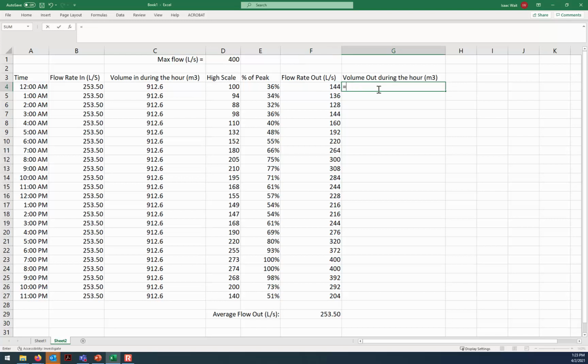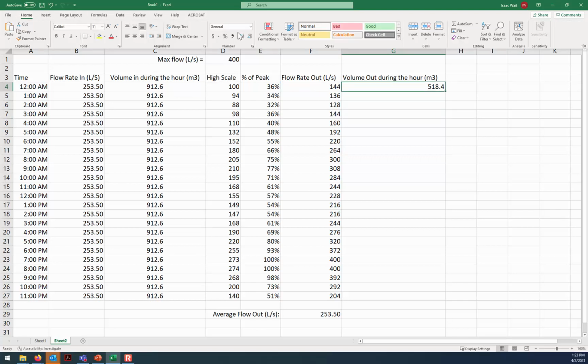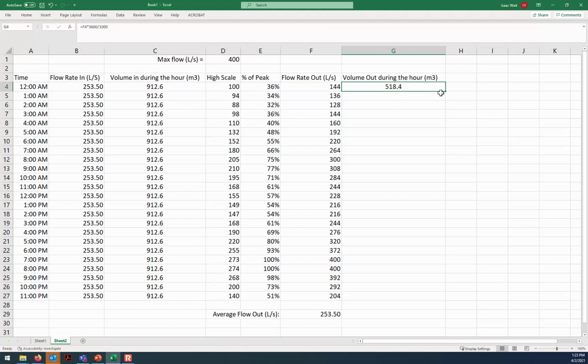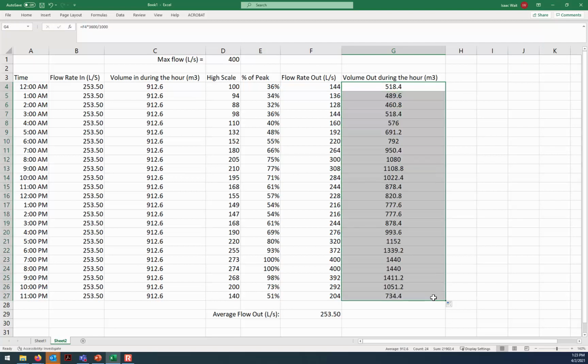So the volume out would be the flow rate out multiplied by 3,600 seconds per hour divided by 1,000 liters per cubic meter. That tells us how many cubic meters are flowing out of the reservoir during the 1 hour increment. And I can drag that down through, and it tells me for each hour what's happening for the flow out.